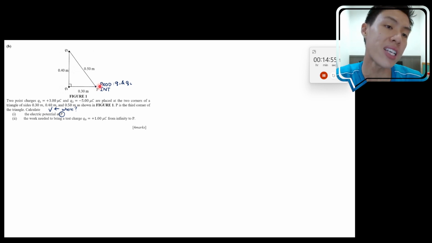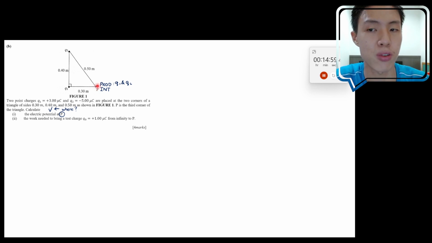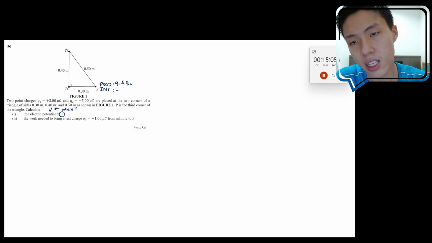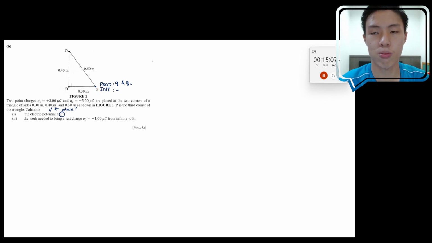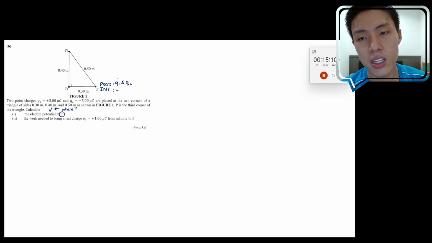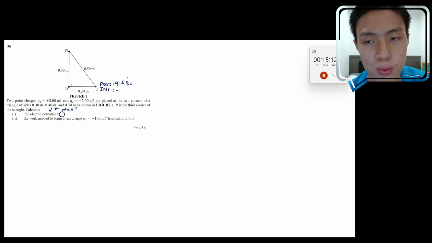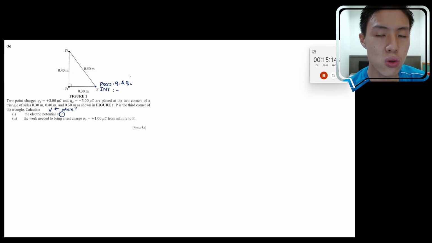You have to place a charge at P in order for it to interact. Since there's nothing placed at point P, no charge is interacting with the electric potential. So there are two charges producing the electric potential, but no charge interacting with it.